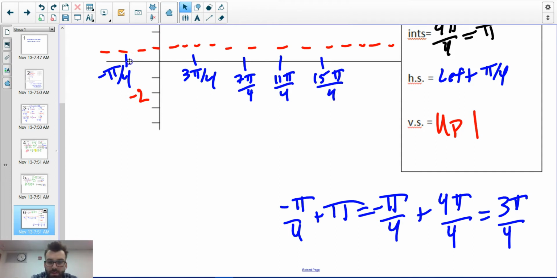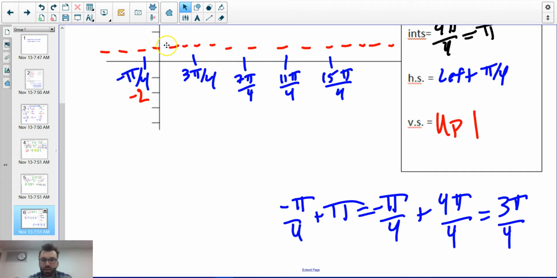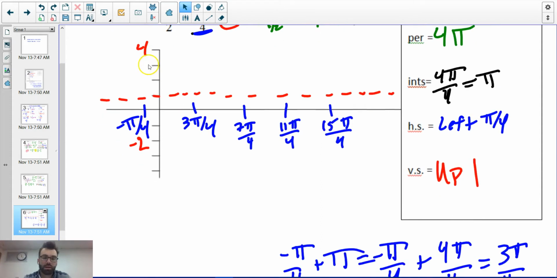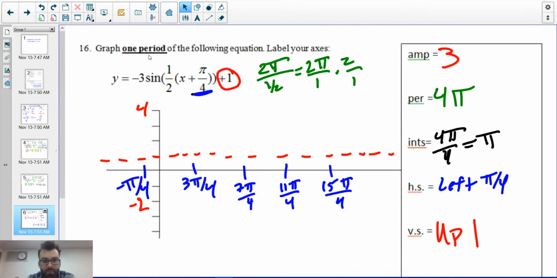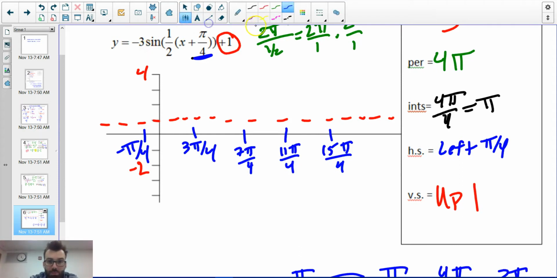Because I'm going to slide this over just a little bit more, these are supposed to be a length of 1 pi. If it's not exact in your picture, that's all right. Try to make it as neat as possible. And we have a negative. Oh, buckets. Don't forget about the negative. So I flip it.